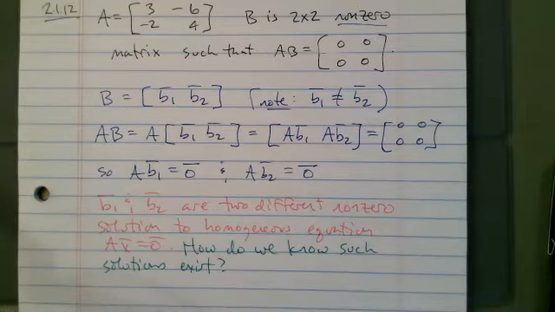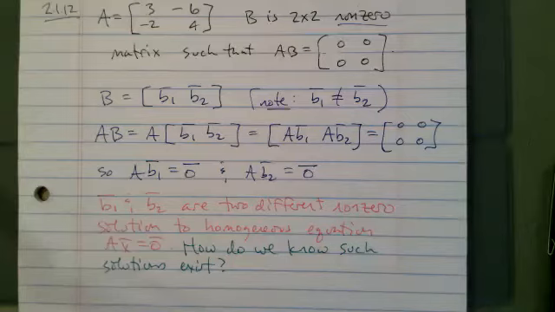So the second column of A is just -2 times the first column of A. The columns of A are linearly dependent.